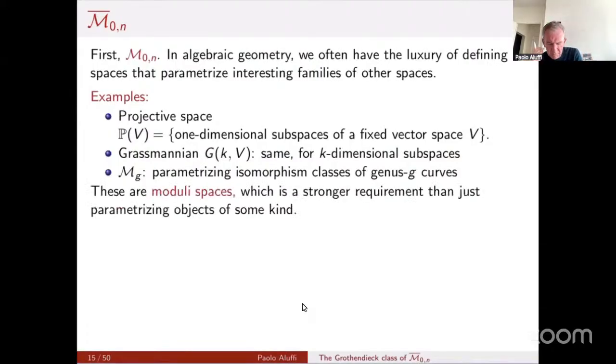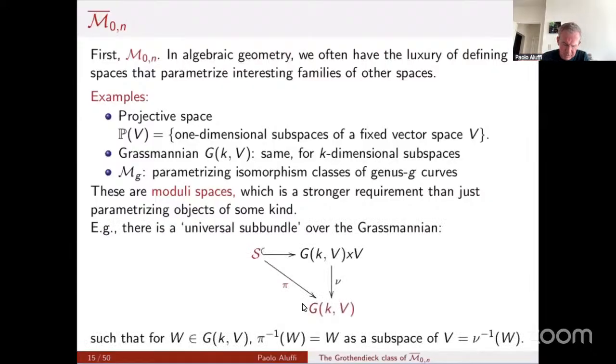All these are modular spaces, and to be a modular space is a stronger requirement than just parameterizing objects. I mentioned the word functor. There's a functor that you want to represent, and that's what you're really aiming at. And part of that information is this. For example, for the Grassmannian, there is a universal subbundle of the trivial bundle over the Grassmannian, defined in a very intuitive way.